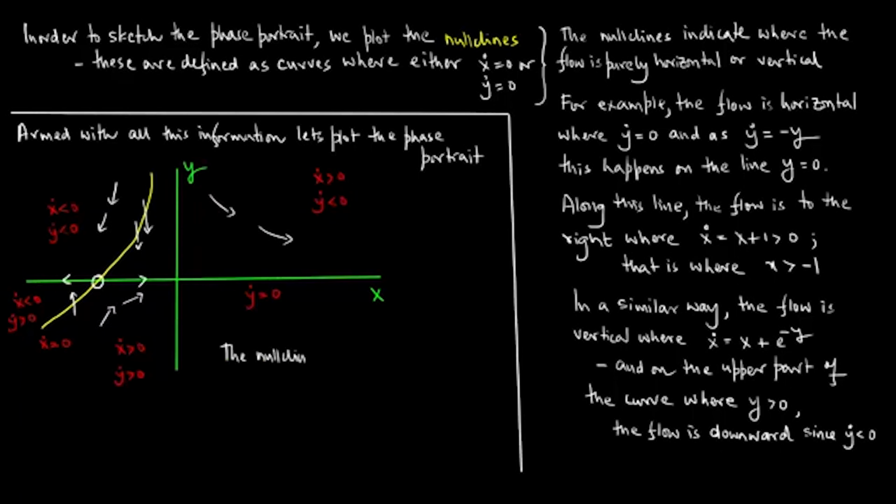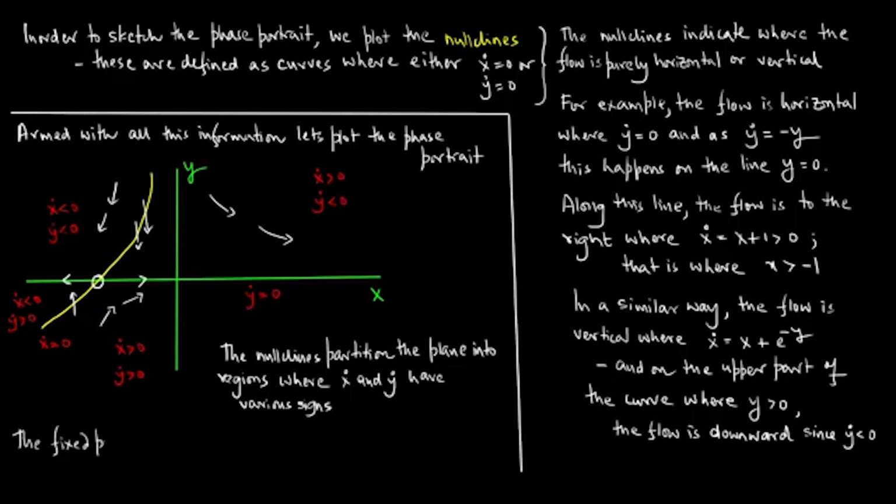The null lines partition the plane into regions where x dot and y dot have various signs. So the fixed point actually looks like a nonlinear version of a saddle point.